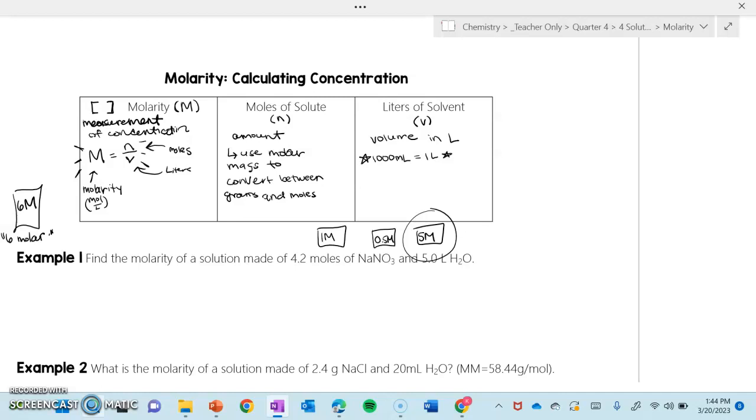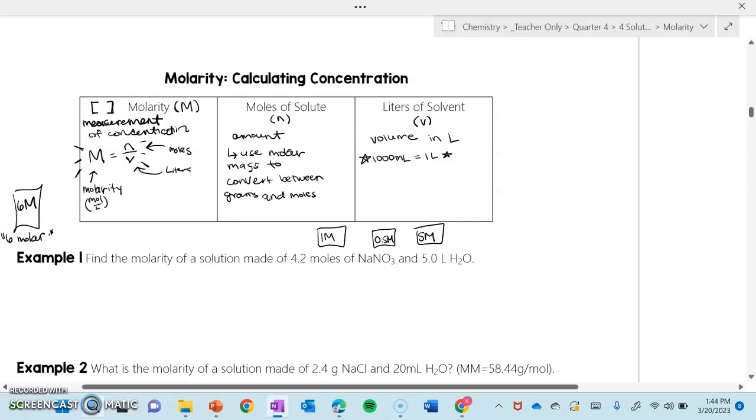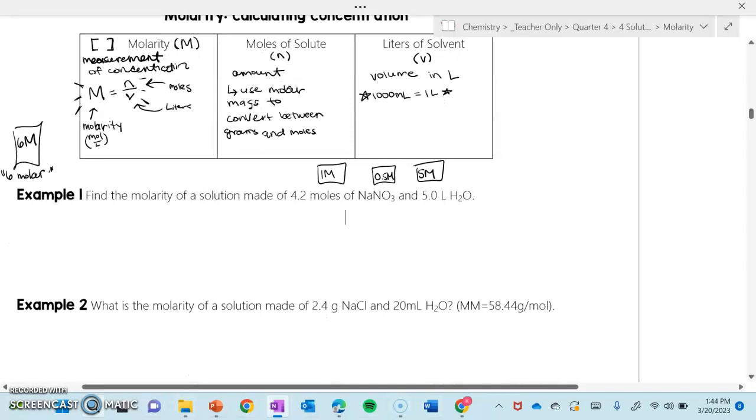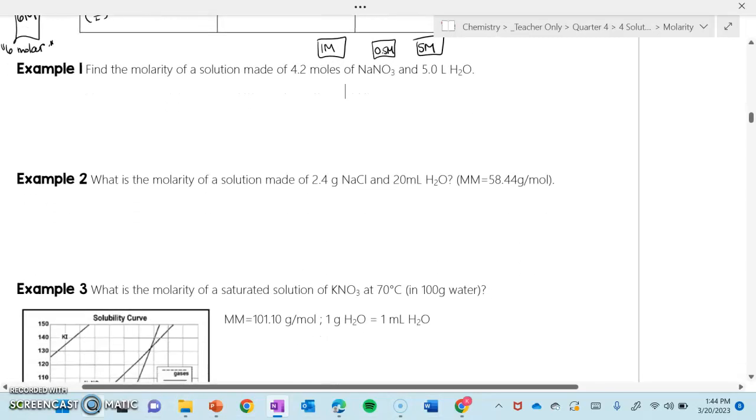This is saying there's 5 moles per liter. And the most diluted would be 0.5 because that's saying I have a half of a mole of solute per 1 liter. So the greater your number of molarity, the greater its concentration. And the smaller the number, the more diluted it is, or less concentrated.